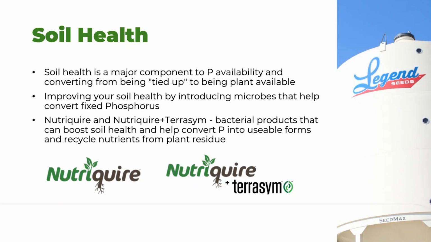The major component of availability is converting it from being tied up so that the plant can use it. So improving your soil health by introducing microbes will help convert that fixed phosphorus, like Jake was mentioning earlier. On the Yield Master Solution side, NutriQuire and Terracin are bacterial products that will boost that soil health and help convert that tied up phosphorus to a usable form that the plant can utilize.